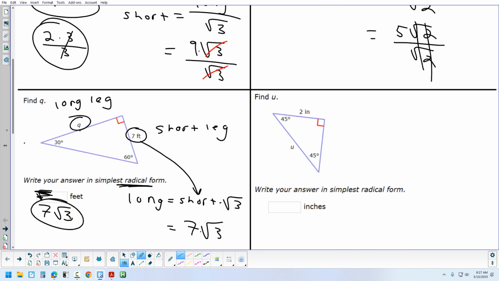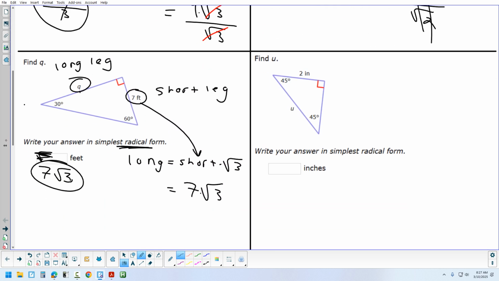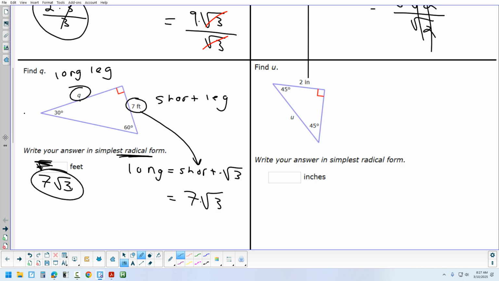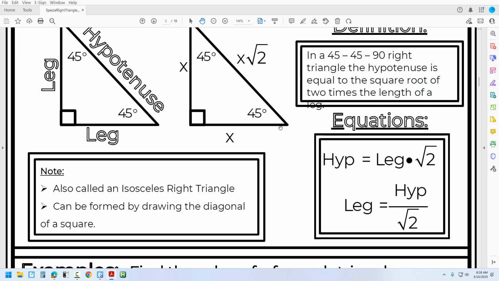And the last type, okay, is where you have to find the hypotenuse. What side is the 2 right there? Is that the leg or the hypotenuse? Yeah, that's the leg. What side is the U? That's the hypotenuse. So we're going to look up our formula.